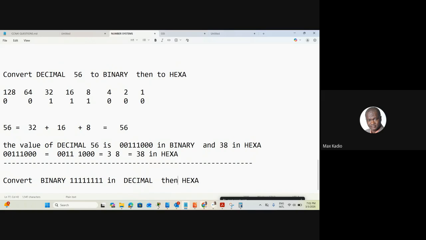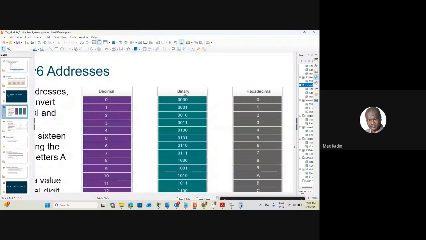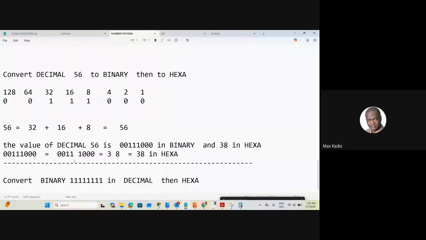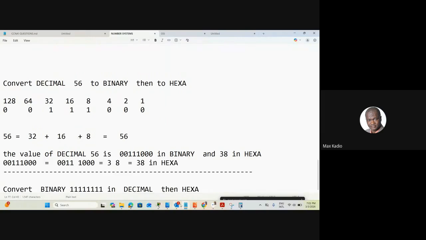So the easiest way, you see, when you have binary, it's easier to go to hexa. You divide into 4, 4, then you can see here.